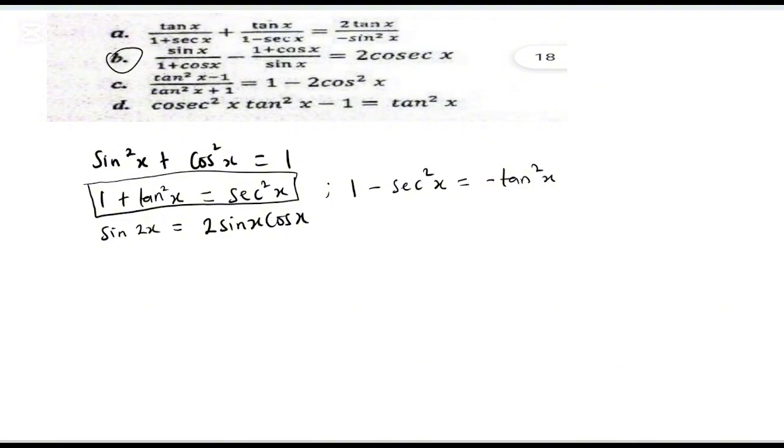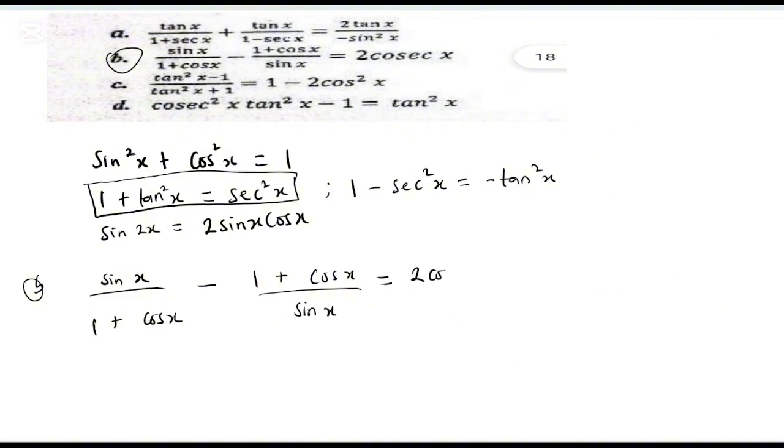So the next question I'm going to do is the b part, which says sine x over 1 plus cos x minus 1 plus cos x over sine x, which must be equal to 2 cosec x.